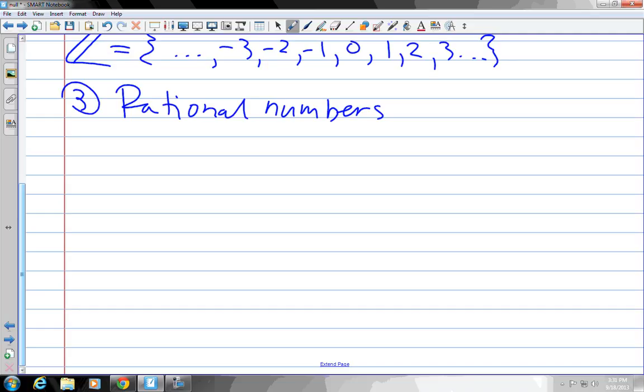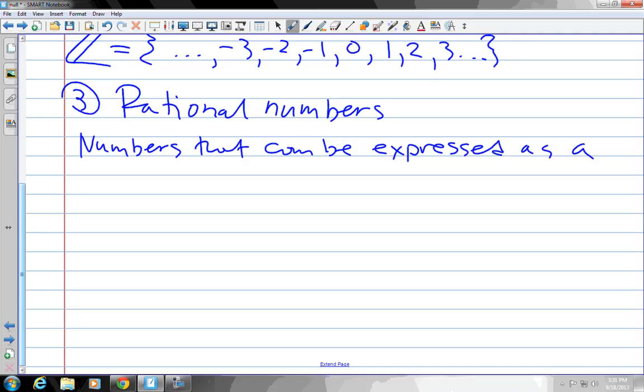These are your fractions, numbers that can be expressed as a ratio of two integers.